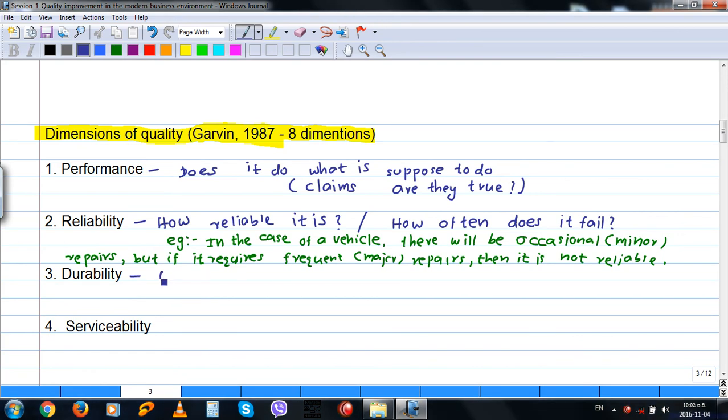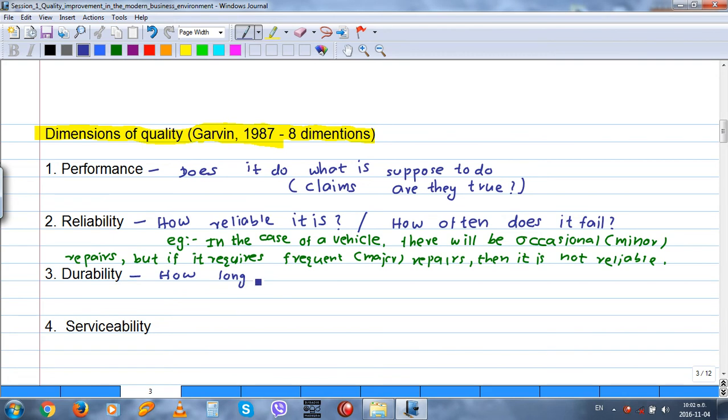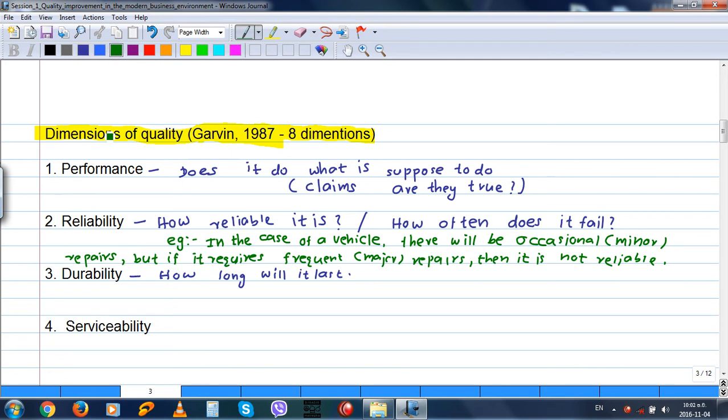Durability means how long will it last. So how long we can use it, how long will it last. So it means higher durability is needed by the customer.